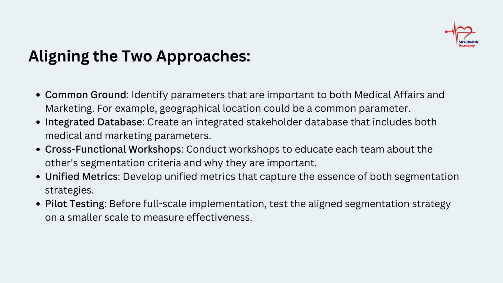Create an integrated stakeholder database which includes both medical and marketing parameters if you can do that. Do cross-functional workshops. Plan together. Approach marketing with unified metrics so they can use some metrics that you are utilizing. Of course, this has a lot of limitations, but try to find, as I mentioned, a common background.